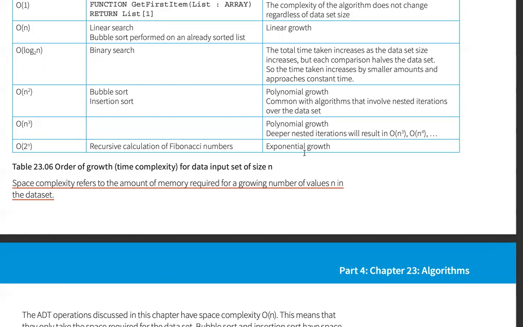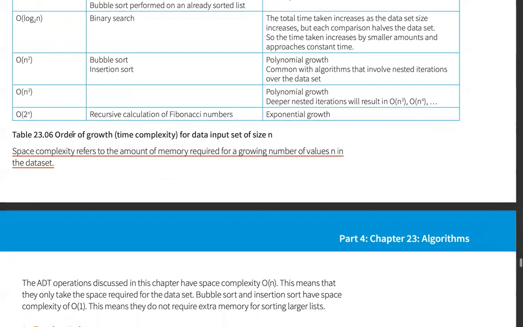So if I have 4 nested loops, for example, then my complexity will increase by n to the power of 4. That means even a slight change in my data set will cause my space and time complexity to increase. That's a very huge polynomial growth.